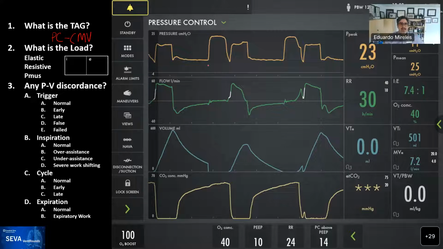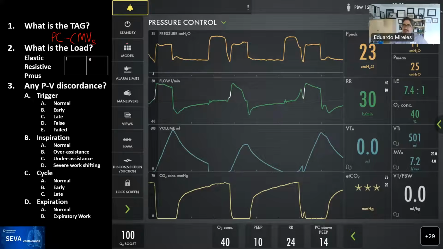Mandatory means it's either triggered by the machine, like this breath over here, or cycled by the machine, either or. If any of those variables is controlled, it becomes a mandatory breath. So all these breaths are mandatory breaths. And finally, S for set point, which stands for the targeting scheme, which is how the computer controls the ventilator. Essentially we set the inspiratory pressure, the PEEP, and the inspiratory time.